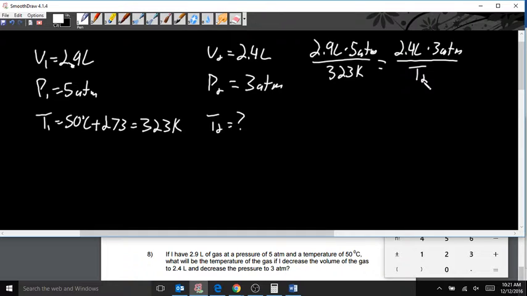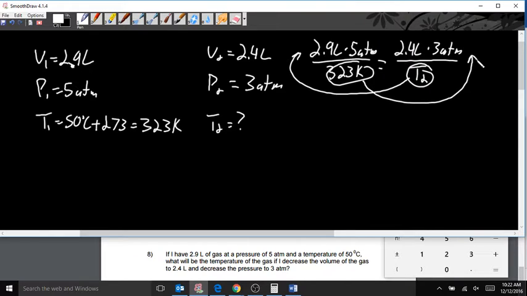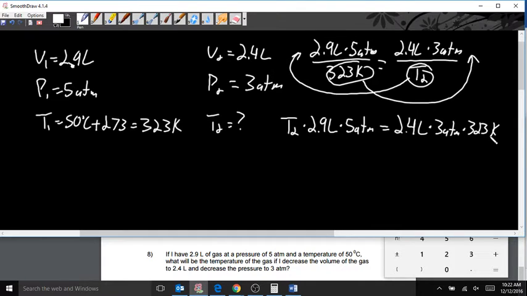So I need to bring this T2 up here, and 323 Kelvin's going to go right there. So I have T2 times 2.9 liters times 5 atmospheres equals 2.4 liters times 3 atmospheres times 323 Kelvin.